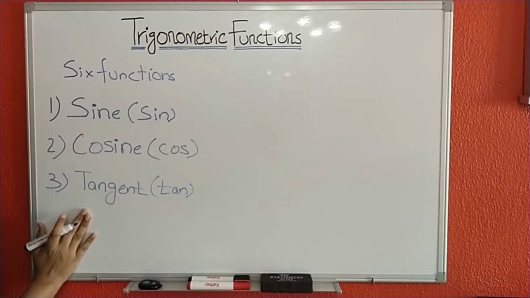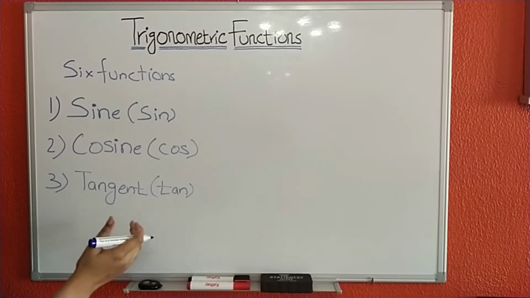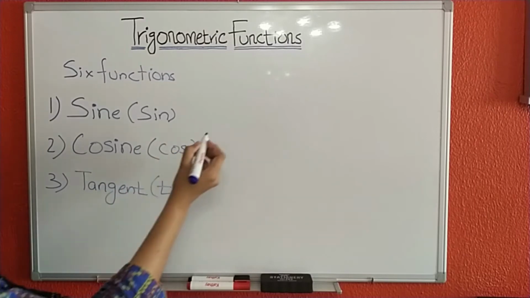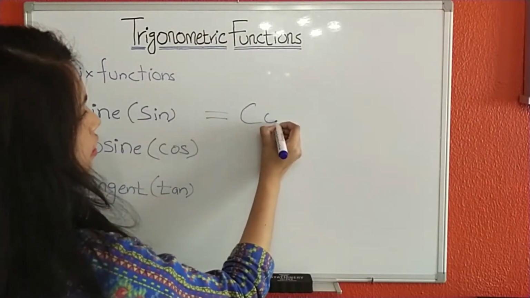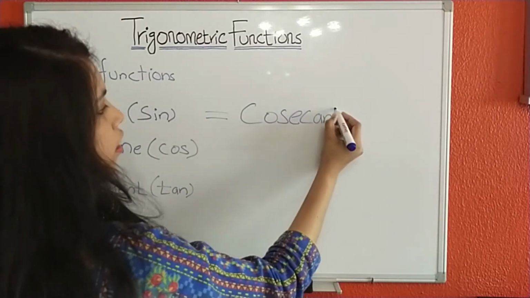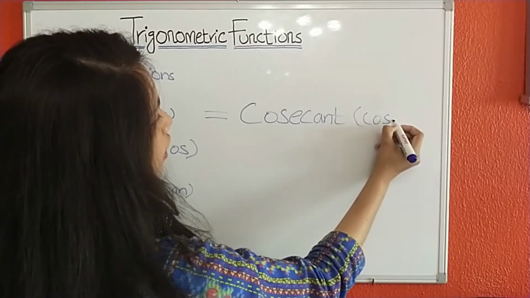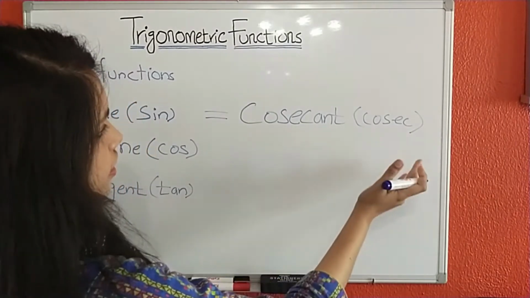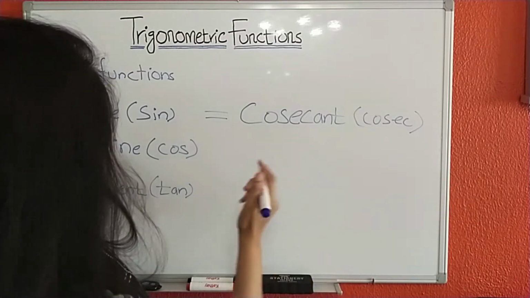These are the 3 basic trigonometric functions, and the other 3 trigonometric functions are reciprocals of these 3. The reciprocal of sine is cosecant, and its short form is cosec. If we put an angle here, we can say cosec theta, cosec beta, cosec alpha.